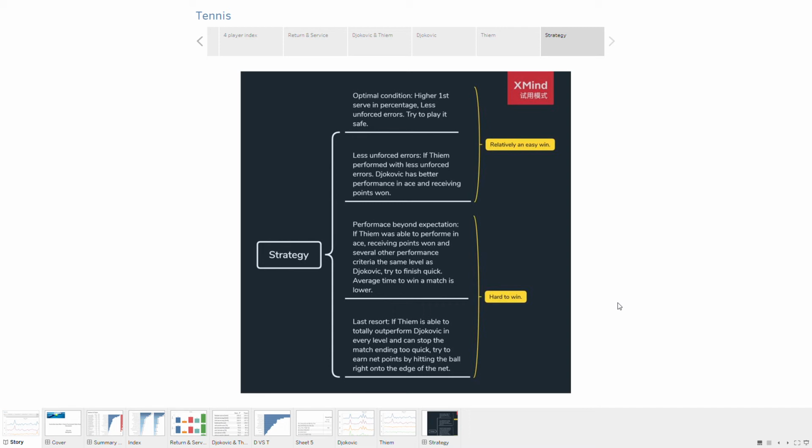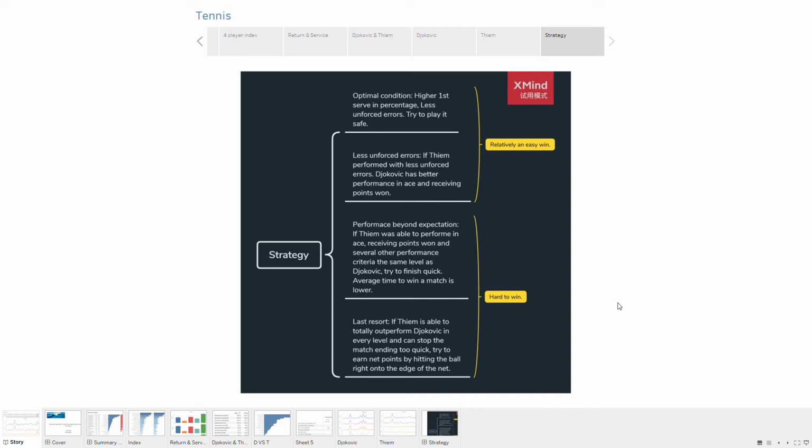So first let's talk about the relatively easy win. Suppose everyone just plays as normal. There is no outperformance, no performance beyond expectation. Since Djokovic has a higher first serve in percentage and fewer unforced errors, he can just try to play it safe as usual.